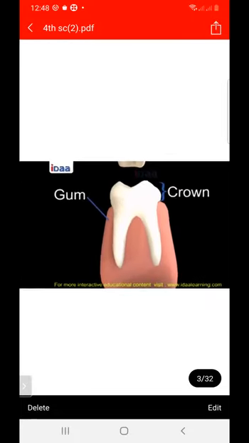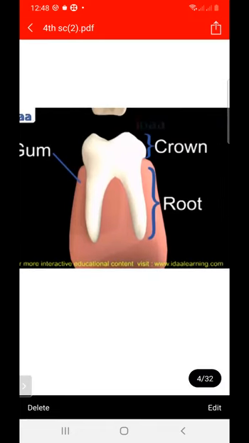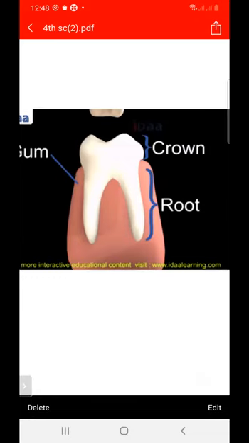First, this is the structure of the tooth. The white, upper part of the tooth is called the crown, as shown in the figure. The reddish part shown is the gum.